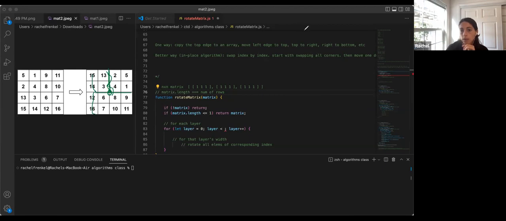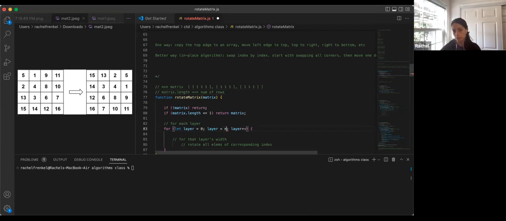So that's why it's going to be layer is less than exactly what Ming just said, matrix.length divided by 2. And we can put this in a variable just to make this easier. The number of layers is going to be this.